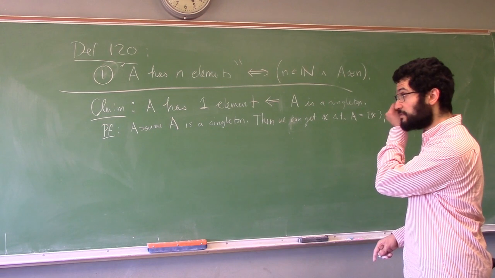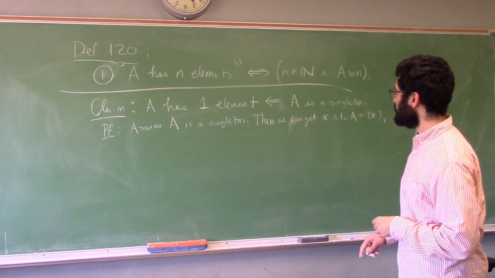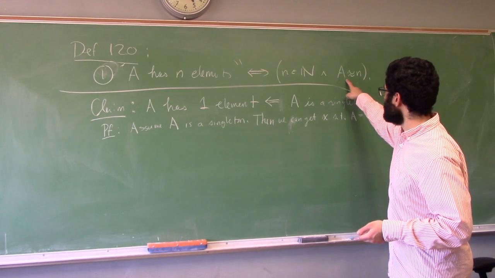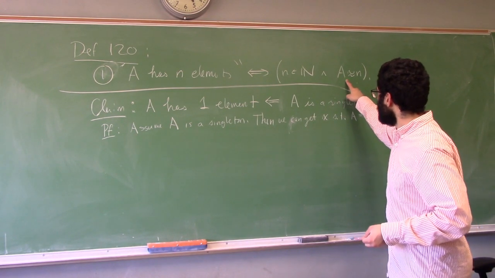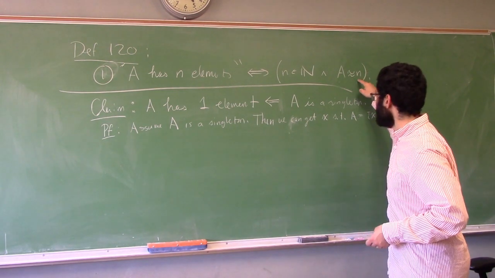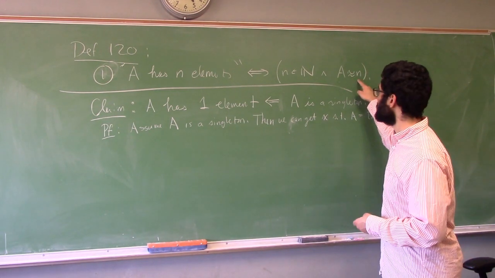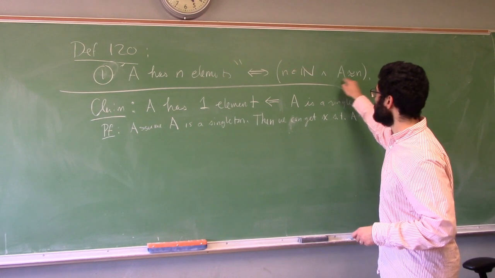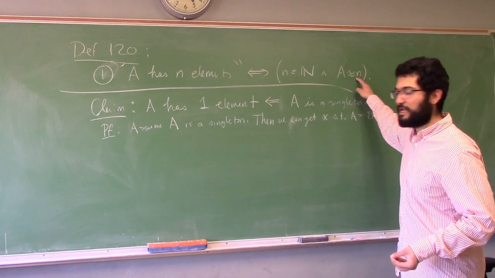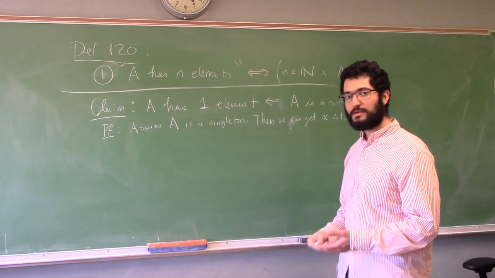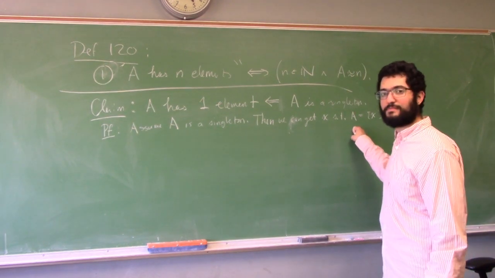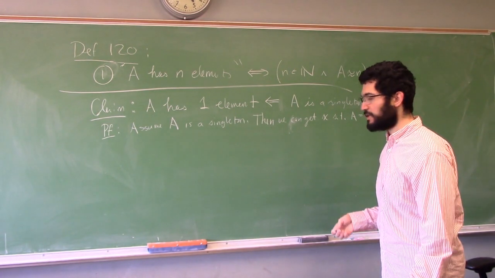Okay, now my goal is to prove that A has one element. So what am I trying to prove? I'm trying to prove that 1 is a natural number. Okay, I don't need to do that. And that A has the same cardinality as 1. So I'm trying to find a bijection from A to 1, or from 1 to A, either way. Let's do a bijection from A to 1. So how do I find a bijection from A to 1? If I want to show there exists a bijection, I have to find one.